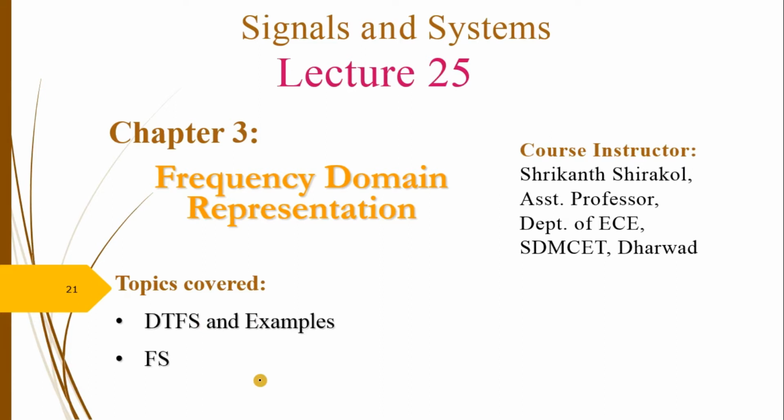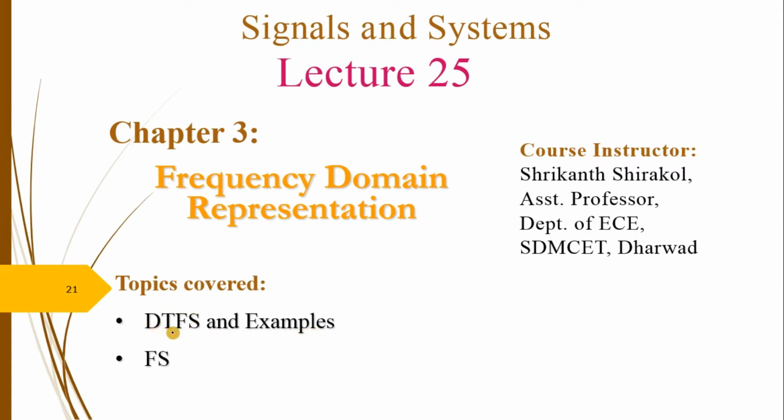Today we are studying the continuation part of Fourier representation that we just started in the previous session. Welcome to lecture 25, chapter 3, frequency domain representation of LTI system. Topics to be covered in this lecture are DTFS and examples.